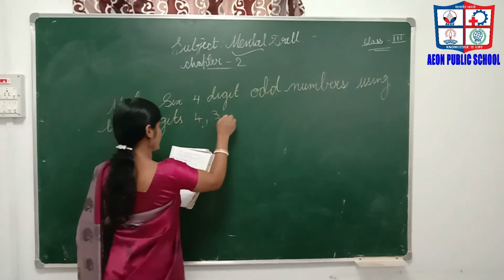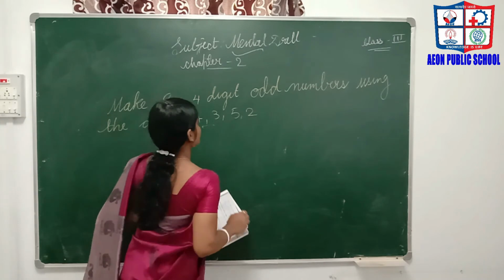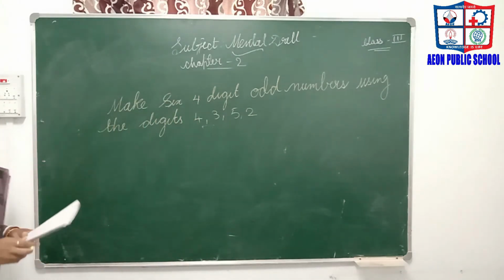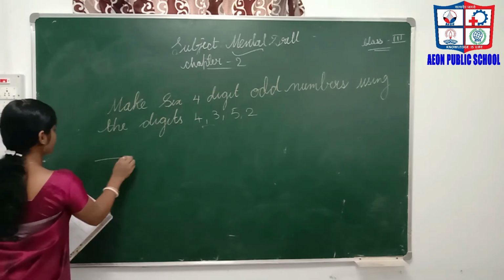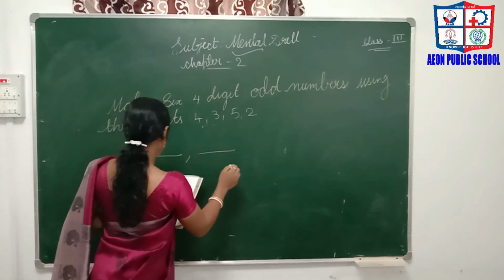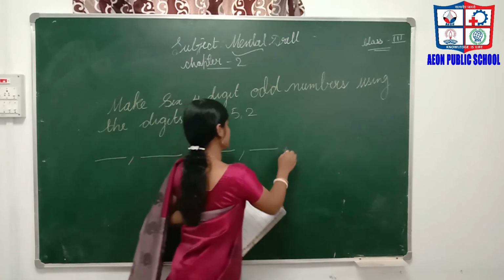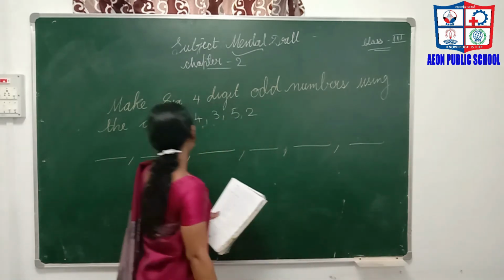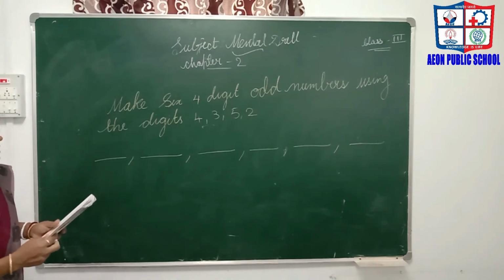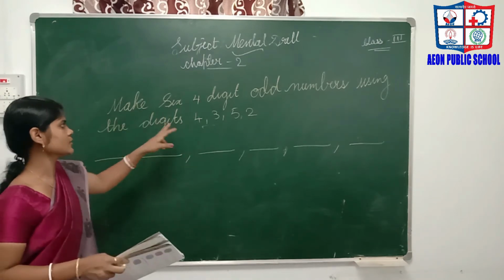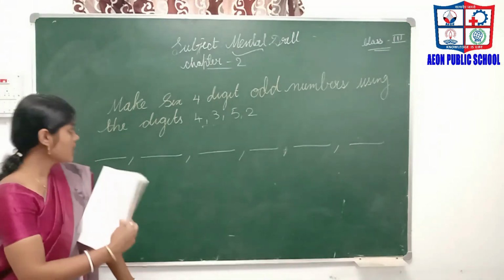I hope you all know what an odd number is. The number which is not divisible by 2. If it is divided by 2, it gives the remainder 1. Those numbers are called odd numbers. For example, 1, 3, 5, 7 are odd numbers.